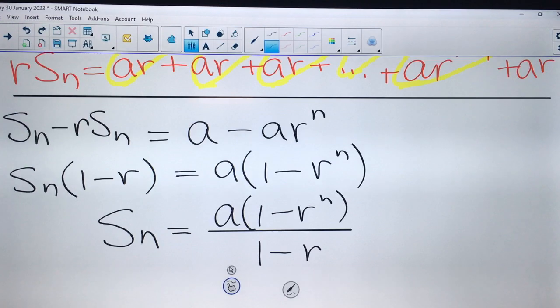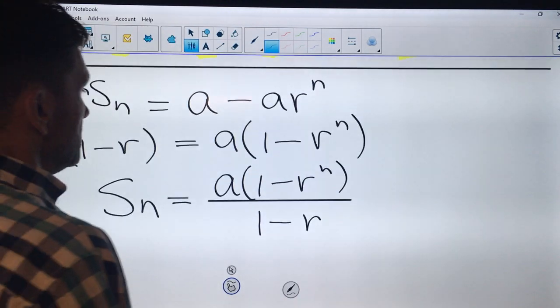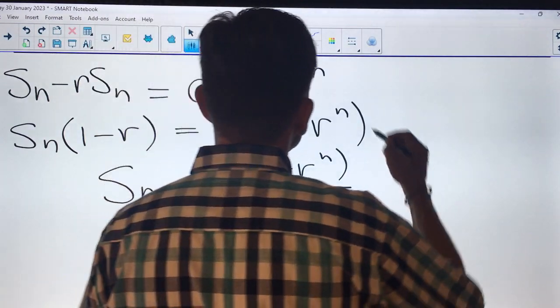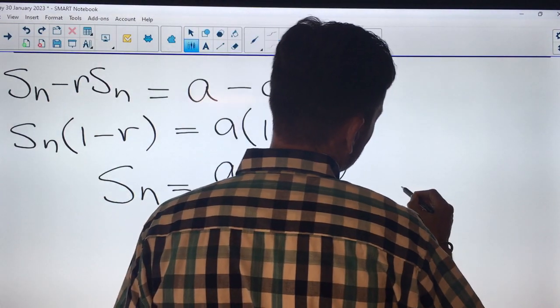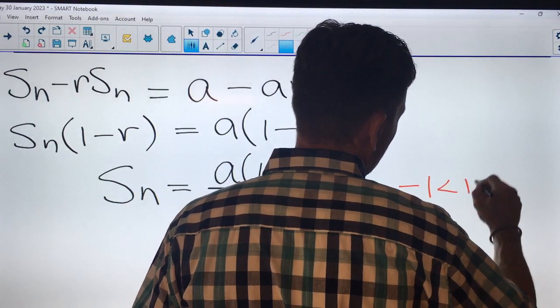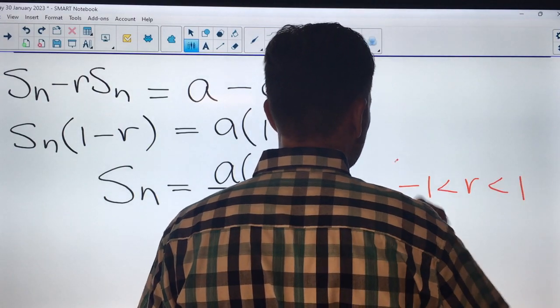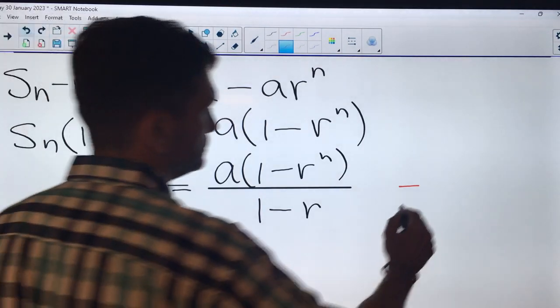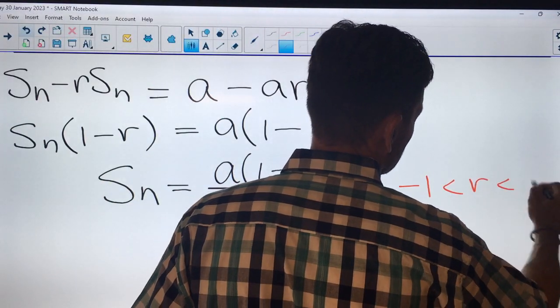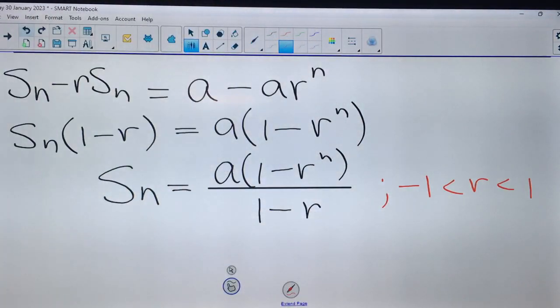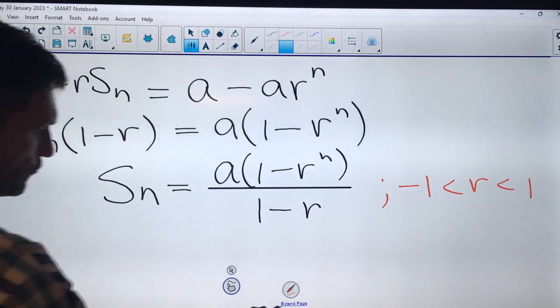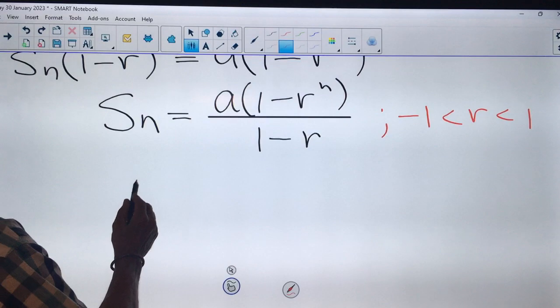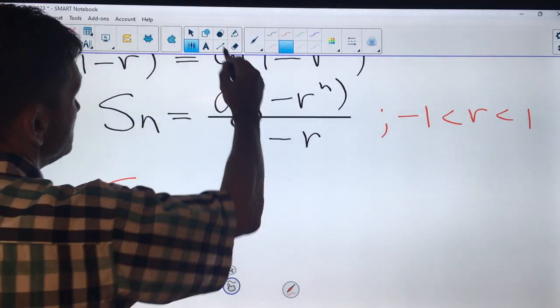So with a bit of practice, you can get this. This is applicable when the R value is between minus 1 and 1. This one is not on your formula sheet. This one is on your formula sheet. It looks like this. It's just swapped around.